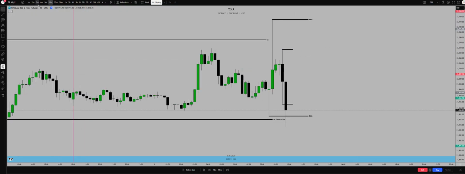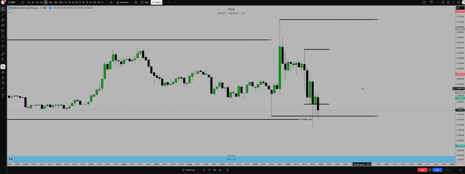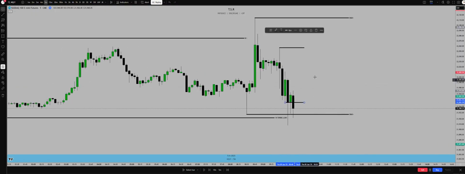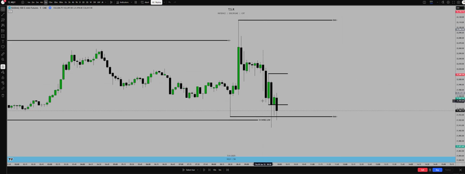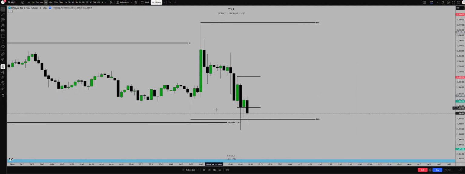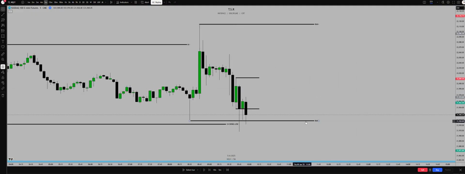Now, since we don't have the 15-minute, let's check if we have the 5-minute because we are allowed to use that, and we do. So we do have a 5-minute CRT that forms right over here. Okay, so you can see the 5-minute CRT forming similarly to the 15-minute CRT. Very similar. Okay, 5-minute CRT formed, key level tapped into, 8 a.m. low tapped into, all while inside that 9 o'clock hour.